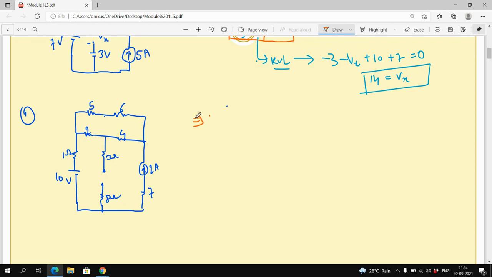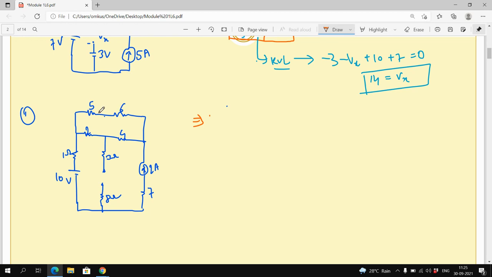See, for finding nodes, the basic requirement is that between two nodes there is one branch, right?